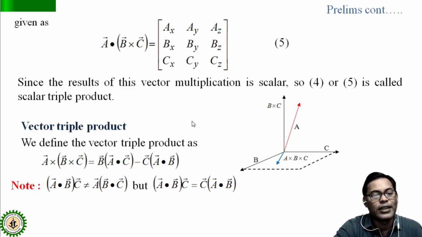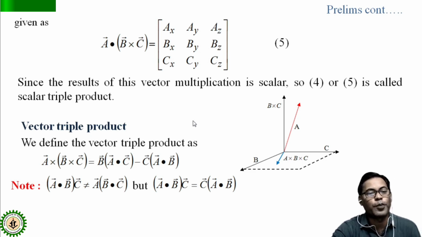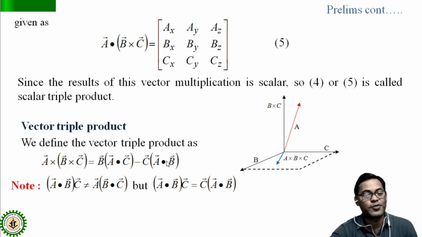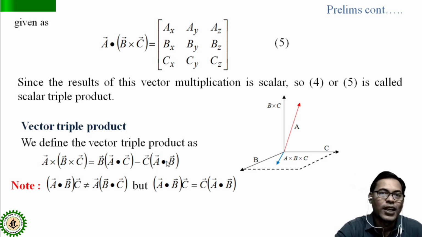Now the definition of the vector triple product is given by this expression: a cross b cross c equals b into a dot c minus c into a dot b. This is the famous formula, known as the BAC-CAB formula, that is, a cross b cross c equals b times a dot c minus c times a dot b.